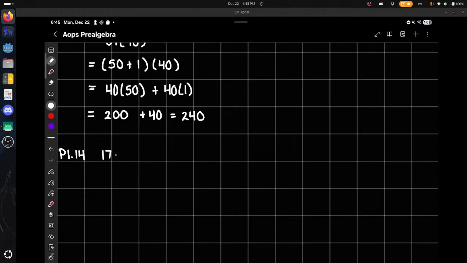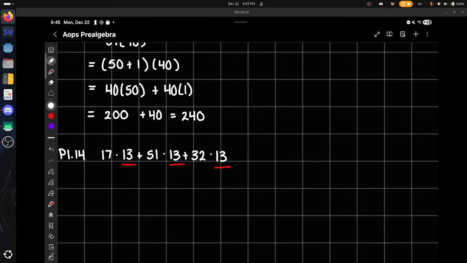So we have 51 times 13 plus 32 times 13. Okay, so we're gonna apply that same process. There's a repeated number here, here, and here.